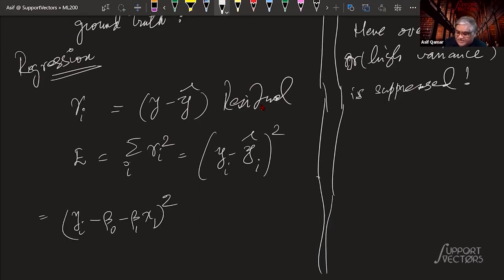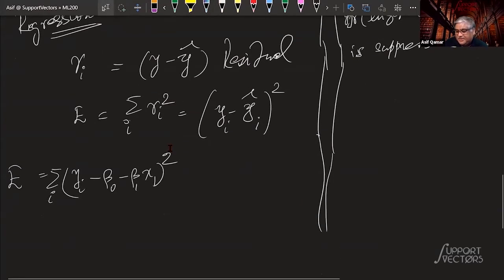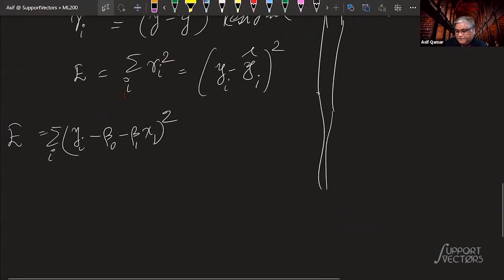It is this error. Do you agree? We can add more dimensions to it. It's not going to change the thing. And obviously, I shouldn't forget my summation over i. This is your error term, guys. Any mysteries here so far?